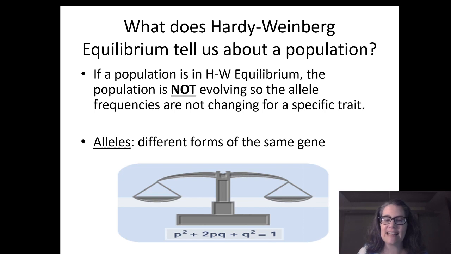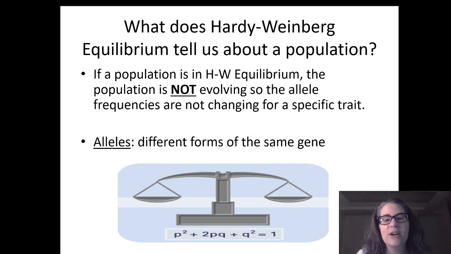This theory stated that given a number of assumptions, a population is not evolving if it is in Hardy-Weinberg equilibrium. This means that the allele frequencies are not changing for a specific trait. Remember, alleles are these different forms for a particular gene. Down here is their mathematical equation where P and Q are different alleles for a particular trait.